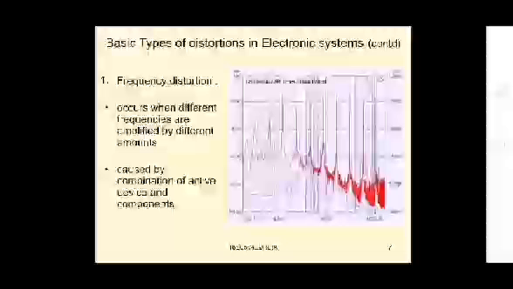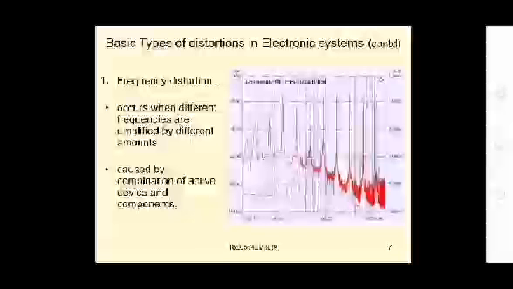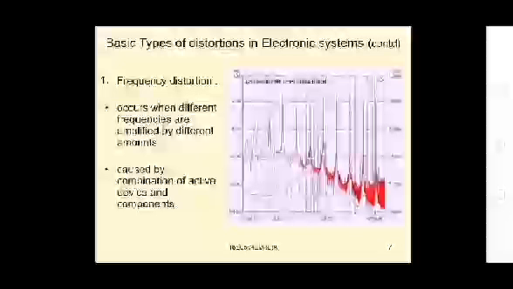Distortion means, suppose you are going to send two signals having frequencies f1 and f2. At the output you should be able to separate the f1 and f2 signals, but sometimes at the output you get an f1 plus f2 signal, or an f1 minus f2 signal, or a 2f1 plus 2f2 signal, or a 2f1 minus 2f2 signal, like that.